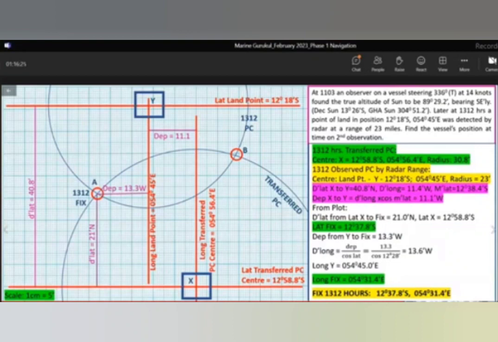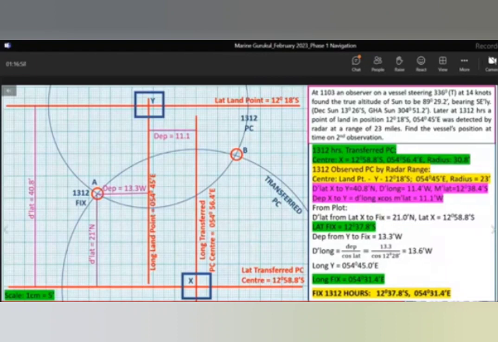Sir, can we do this question in a different way? Tell me, beta. At 11:03 the sun's altitude is given, so we will get the meridian zenith distance. And since the bearing of the sun is also given as southeasterly, we draw the position circle first, and we draw the sun bearing, which is southeasterly. Wherever it cuts, we will get the 1103 fix.